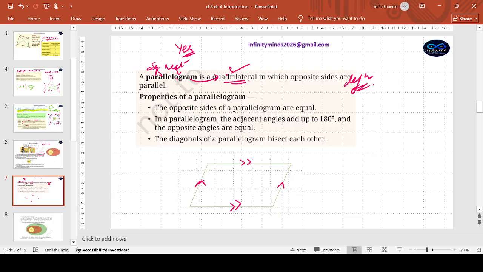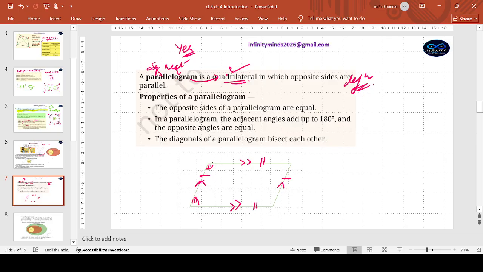Now coming to properties. This also talks about opposite sides being equal. This is very much the condition of your rectangle, children, and a square being a rectangle also satisfies it. Square is a rectangle and both of them are now part of parallelogram. In a parallelogram, the adjacent angles add up to 180 degrees. In a rectangle, 90 were becoming 180. But here it is not 90.